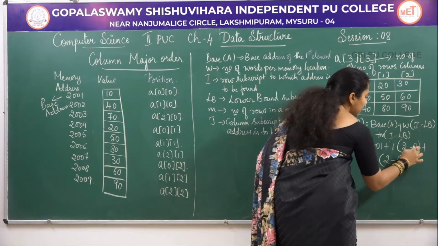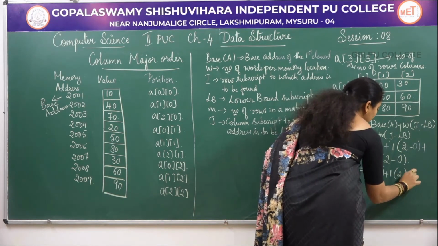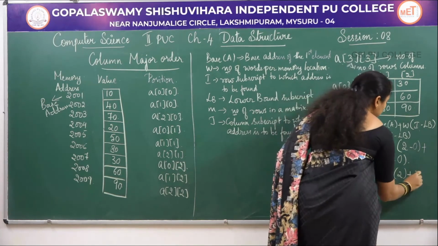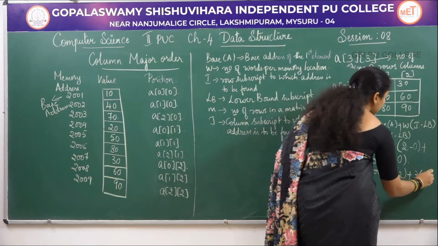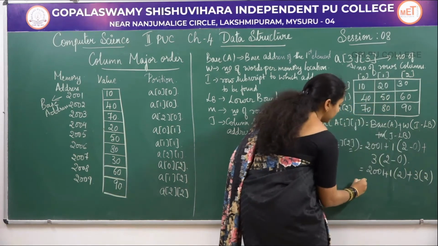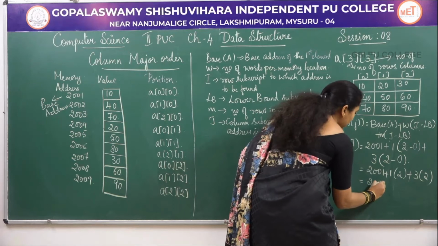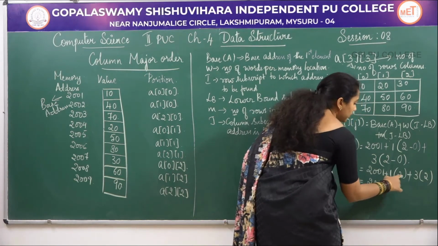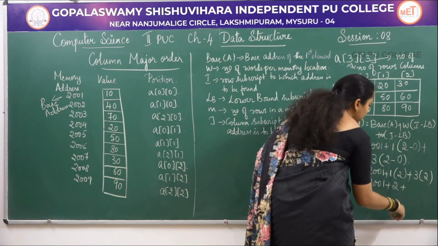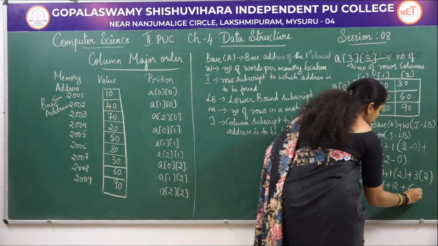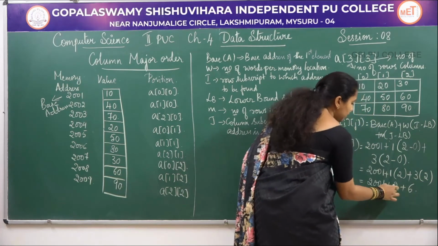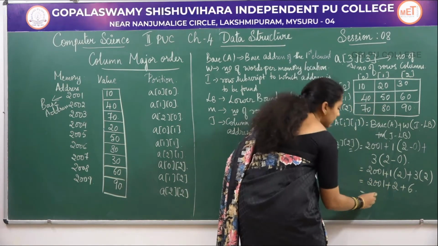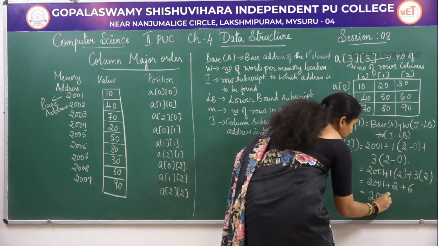One into 2 minus 0 is 2, plus 3 into 2 minus 0 is 2. So 2, 0, 0, 1 plus 1 into 2 is 2, plus 3 into 2 is 6. So 6 plus 2 is 8, 8 plus 1 is 2009.